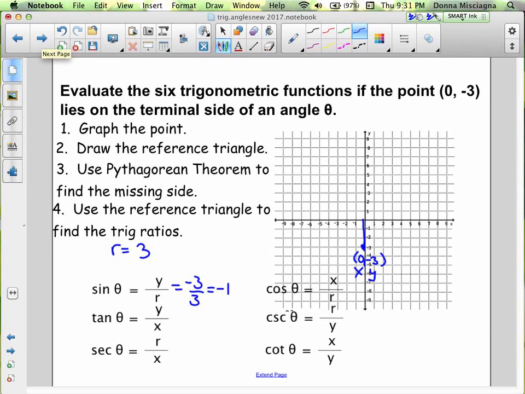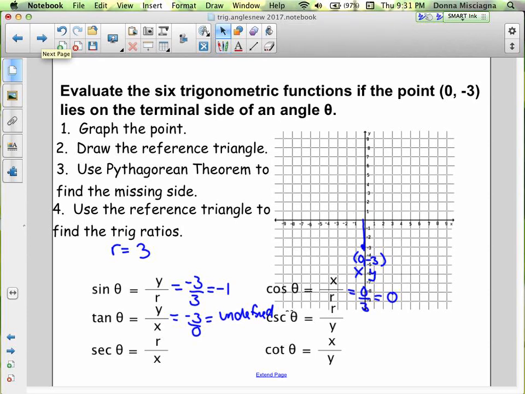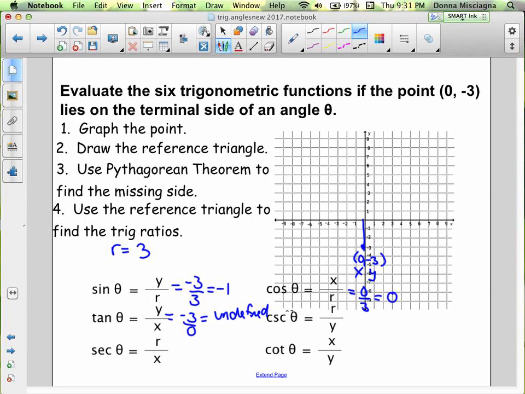Cosine is going to be 0 over 3, that is 0. Tangent is going to be negative 3 over 0. It is undefined. So now we know that tangent has vertical asymptotes as well. Cosecant is the reciprocal of sine.